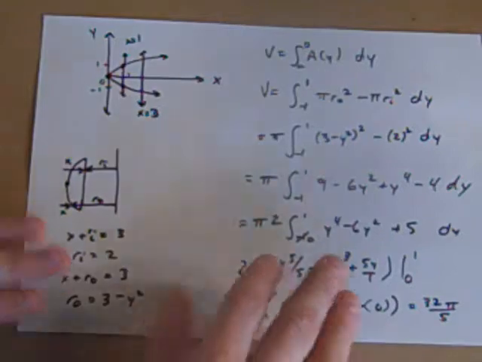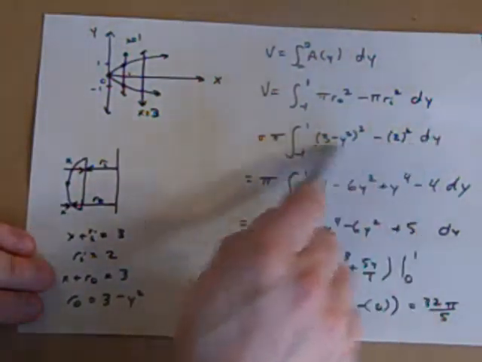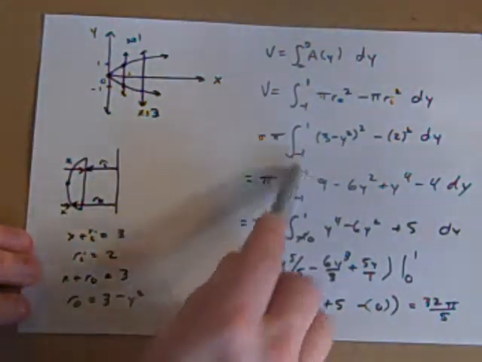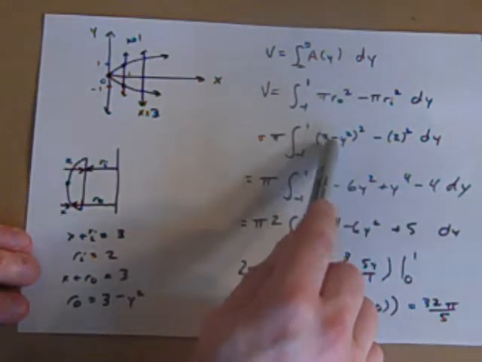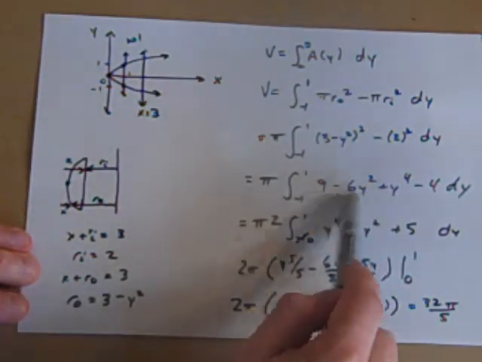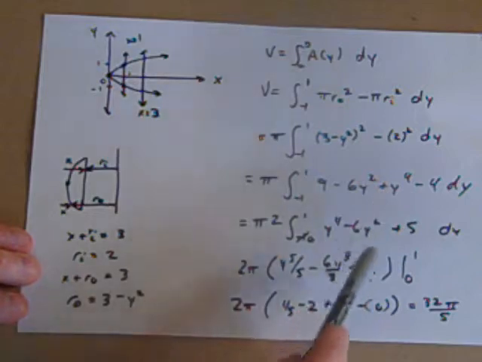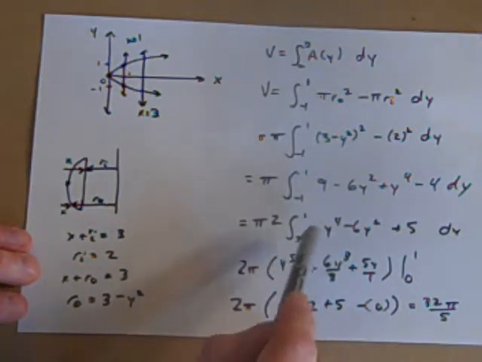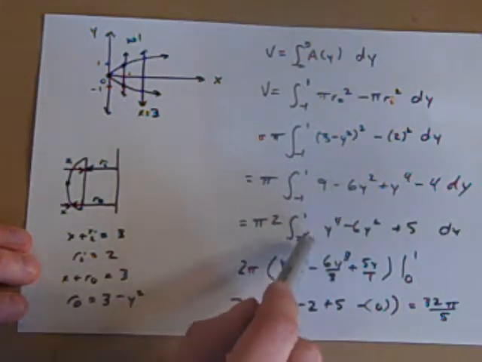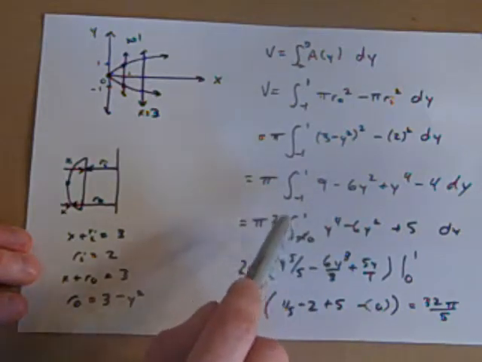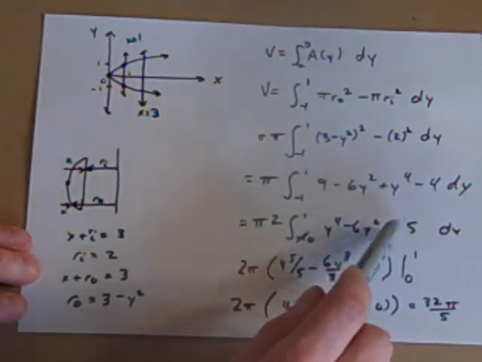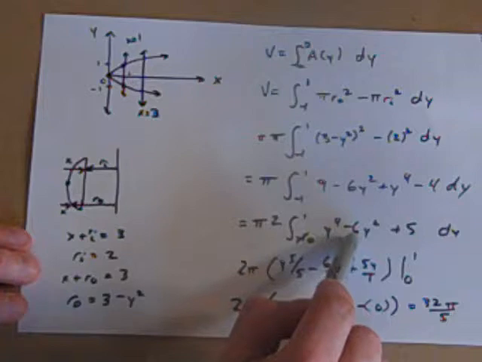You'll see that right here is the step we had. I had the calculation shown over here, but here's the step we were at. I square the binomial to get the trinomial here, minus 4. I combine like terms and put them in descending power. Then you see some cross steps here. Since this is y to the 4th minus 6y squared plus 5 dy, this is an even function.